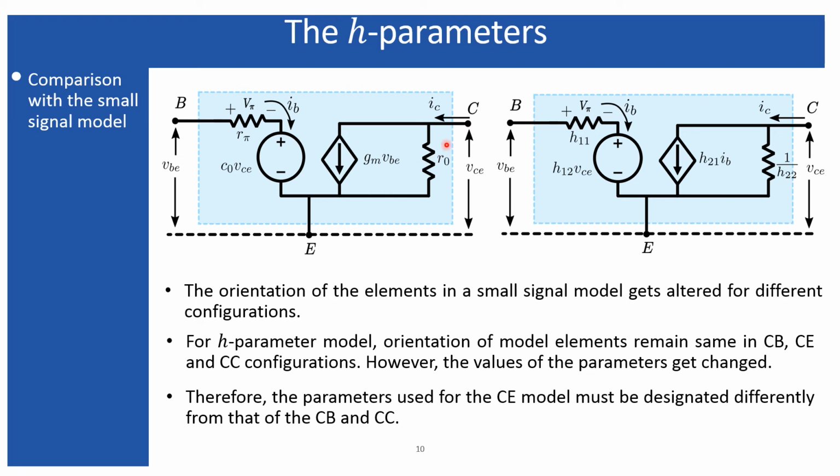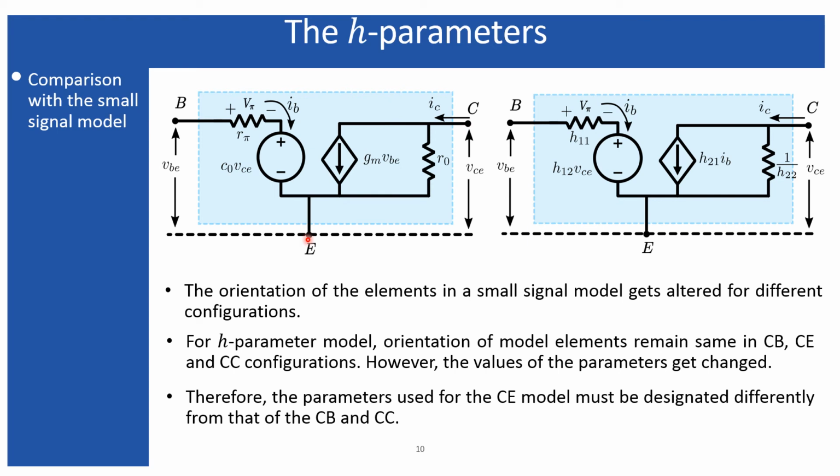Therefore, the emitter terminal will go over here because the input terminal remains the same for both common emitter and common collector. Now, once this emitter becomes the output terminal, that means the emitter goes over here and the collector comes at this position, the direction of the current source you need to change, because the direction is always from the collector to emitter.